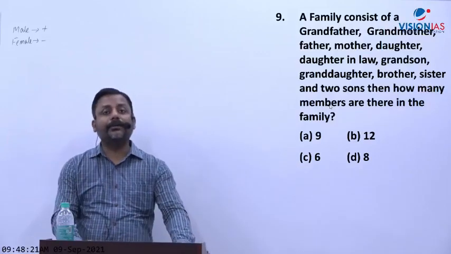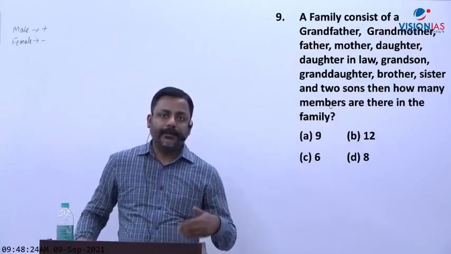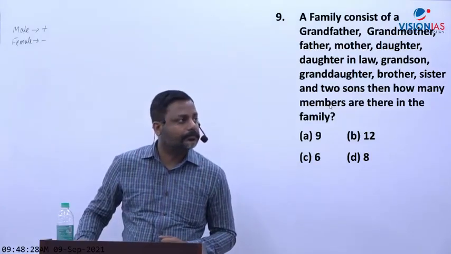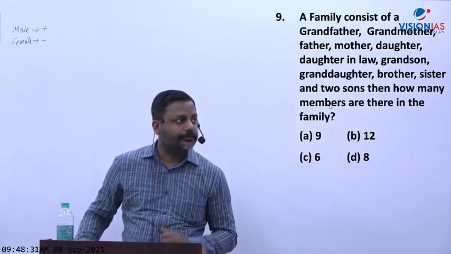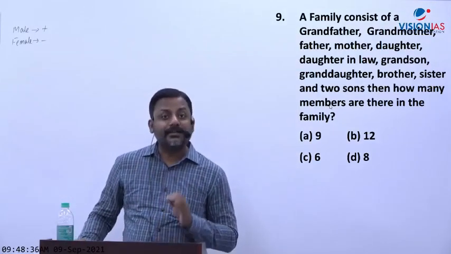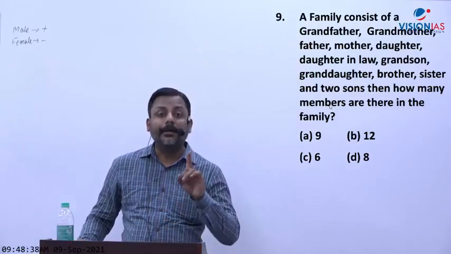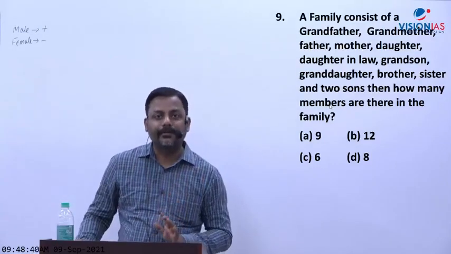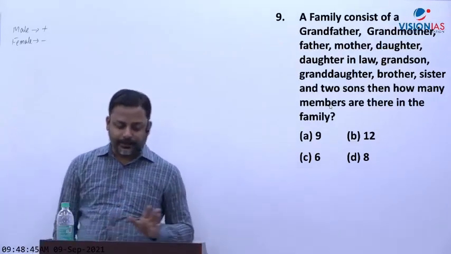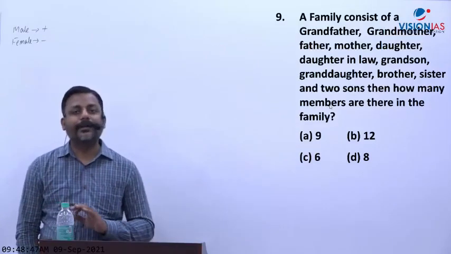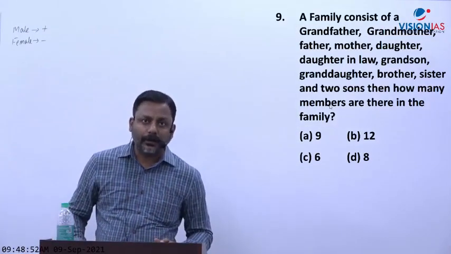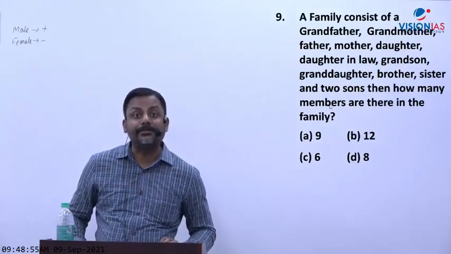So an individual can hold different relations with different family members. Are you getting my point or not? So here, relationships are mentioned, not individuals or relatives. So this is the difference. Most of the people answered 12, which is totally incorrect, because these are not relatives, these are relations.